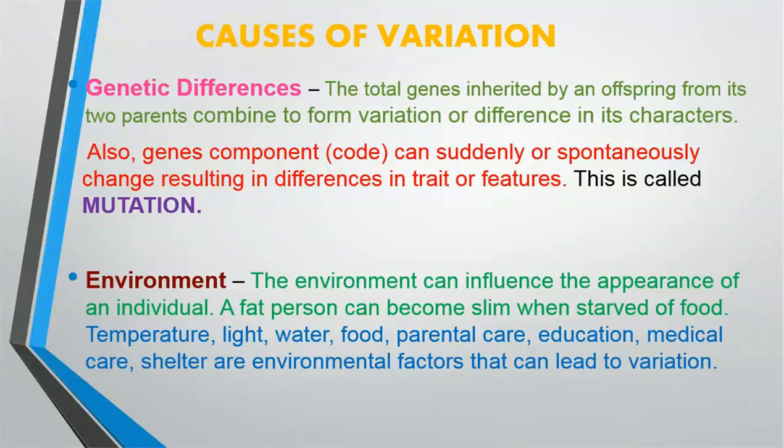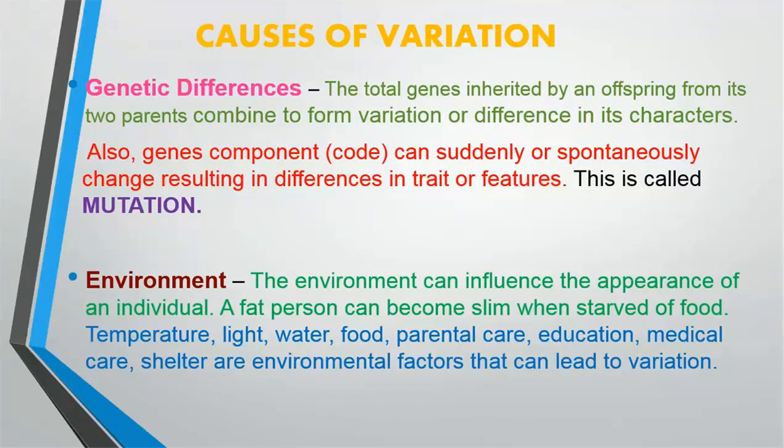Number 2 cause of variation is environment. The environment an individual is exposed to can influence the appearance of an individual. For example, a fat person can become slim when starved of food, or someone that is light-skinned can become dark-skinned if exposed to excessive temperature or sunlight over time, or someone that is illiterate can become literate if exposed to modern education.